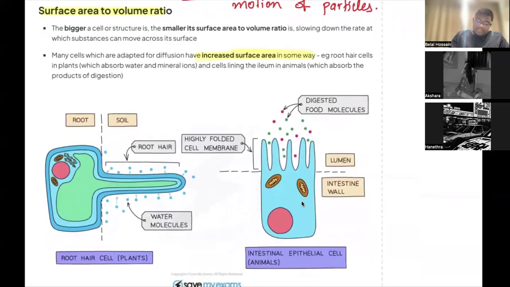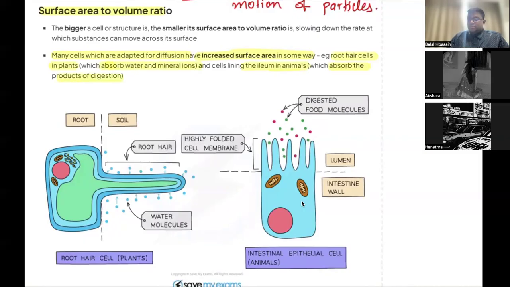Many cells in the body are adapted for a higher rate of diffusion by having greater surface area. This may include the root hair cells in plants, because they absorb water and mineral ions, and cells in the lining of the ileum in animals, which absorbs the products of digestion.